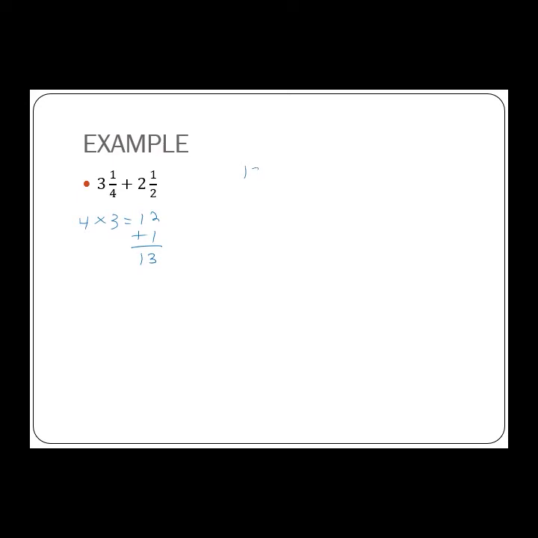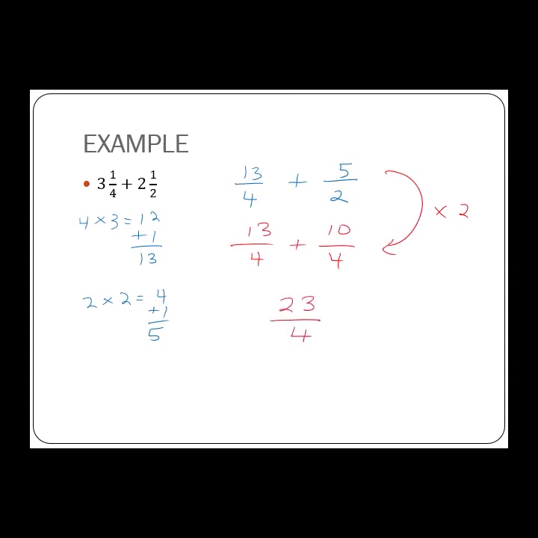So I get 13/4. 2 times 2 equals 4, plus 1 is 5, so 5/2. So this is the problem I'm being asked to do. I'm going to use 4 as the common denominator. So that'll stay 13, and that'll become 10/4. And I get 23/4 when I add them.